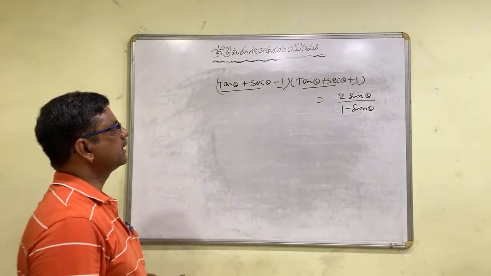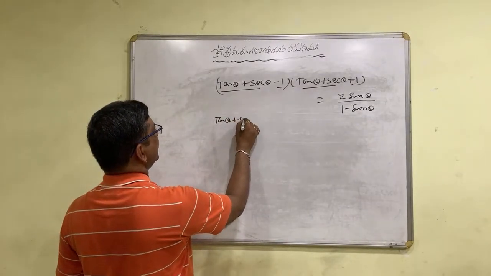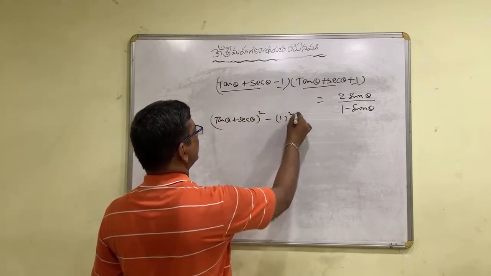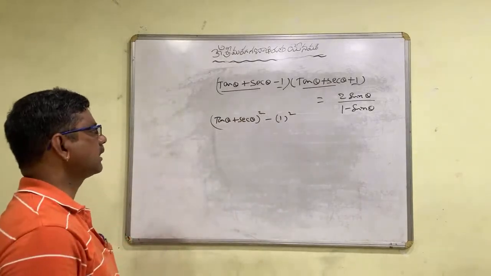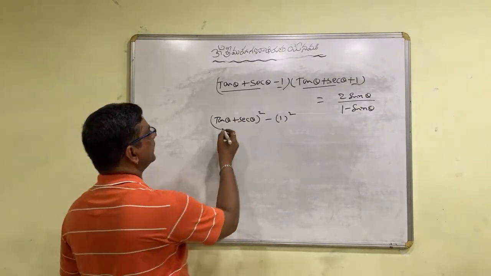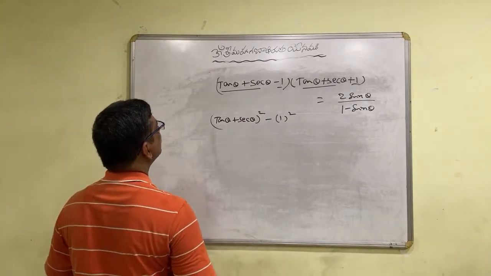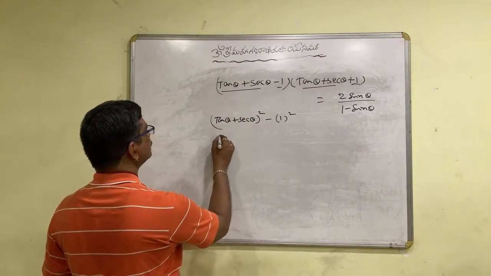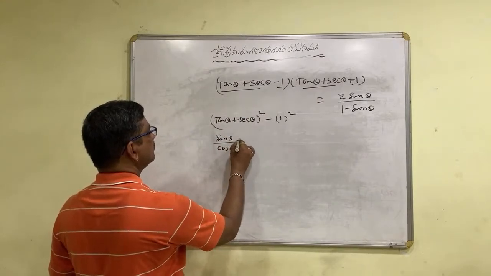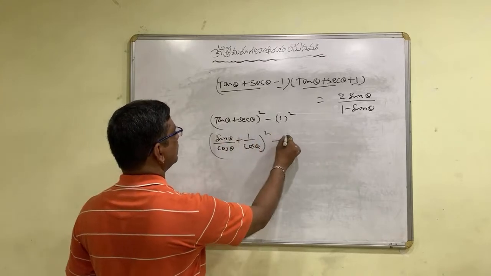That is A square minus B square. So here what I can see: sin theta by cos theta plus 1 by cos theta, whole square, minus 1.